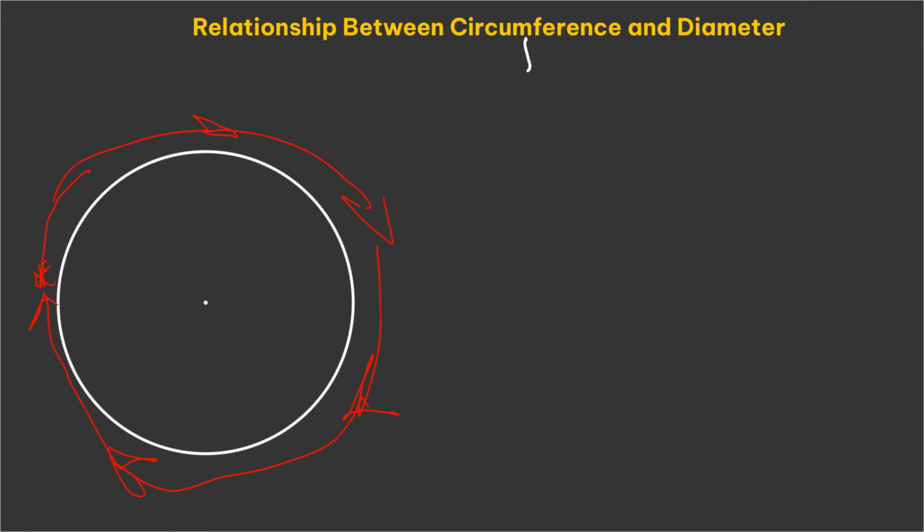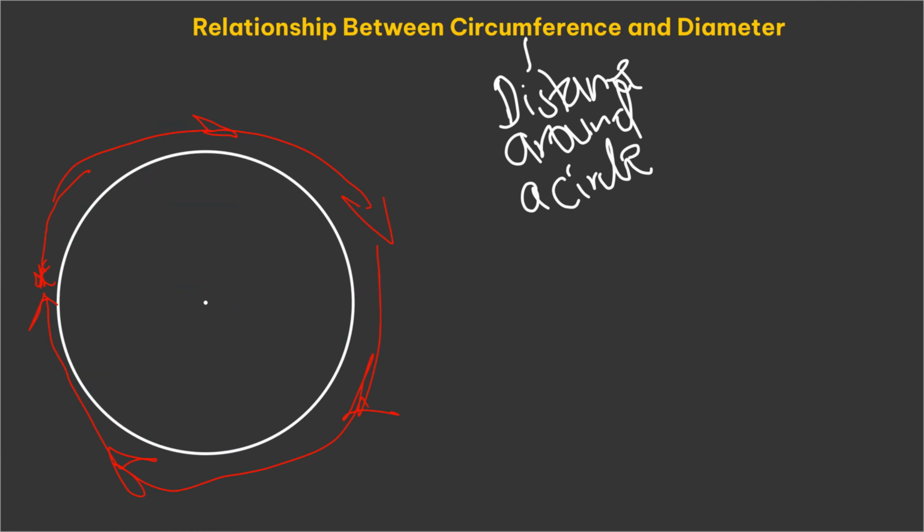So circumference is the distance around a circle. You can write here the distance around a circle.